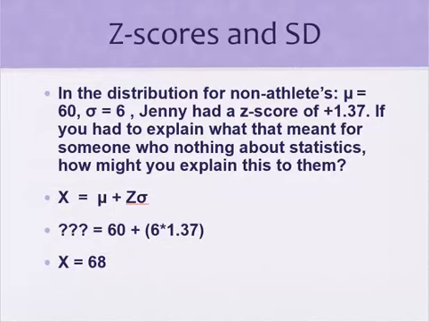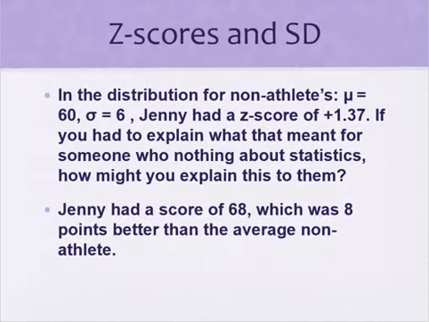So now things become a little bit easier when we're trying to tell somebody what it means to have a z-score of 1.37 above the mean. What we're saying in the real world is that Jenny had a score of 68. And that score of 68 was 8 points better than the average non-athlete.